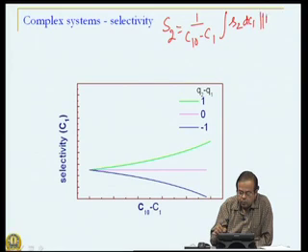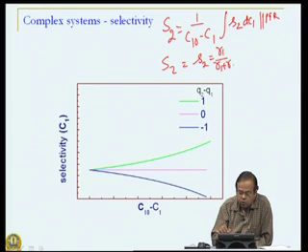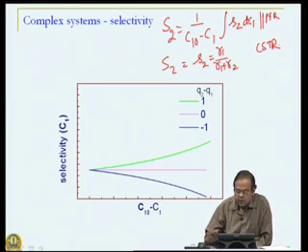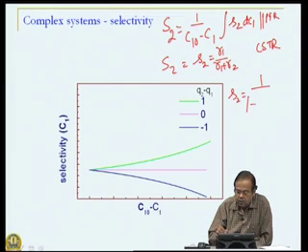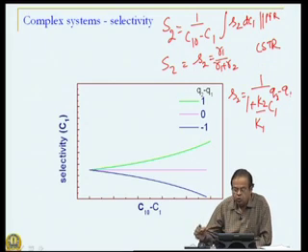For plug flow reactor, S2 equal to small s2, or equal to R1 by R1 plus R2 for CSTR. Okay. And my selectivity is 1 by 1 plus K2 by K1 C1 raised to Q2 minus Q1.